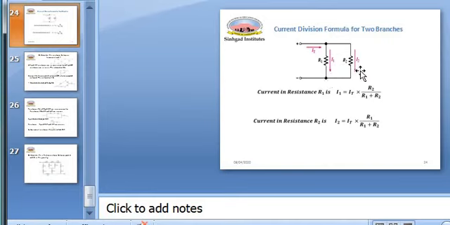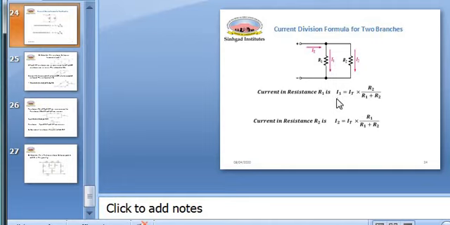So how to calculate it? See, the current flowing through the resistance R1 is I1, which is equal to the total current into the opposite resistance. These two resistances are connected in parallel. We need to find out the current flowing through R1. So total current into opposite resistor. Opposite resistor is R2, divided by the addition of both the resistances connected in parallel, that is R1 plus R2.